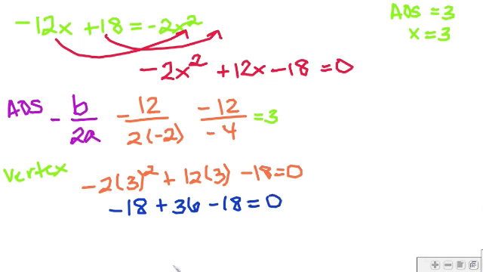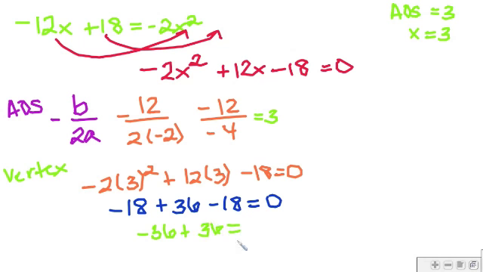Let's simplify this out. A lot of students see those two negative 18s and think that they're going to cancel. That is not true. Remember, when they have the same sign, we add. So it's basically 18 plus 18, which would give us a negative 36, because we keep the sign. And then we'd add 36.